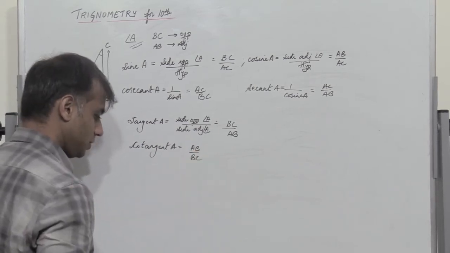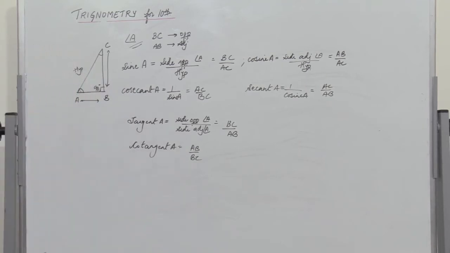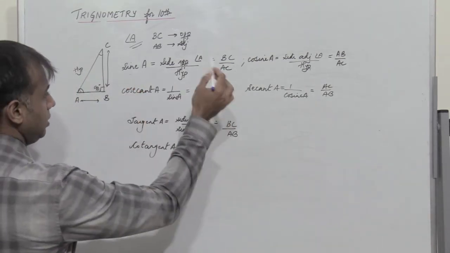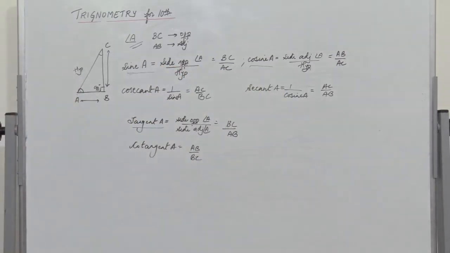Right? So now we have defined sine, cosine as well as tangent, and their inverses known as cosecant, secant and cotangent.